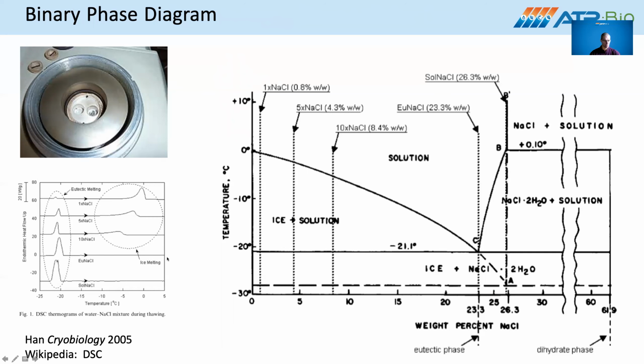And you can get information like this on the left, where you can actually see eutectics, which is a secondary solid phase transition, down at about minus 21.1. And you have more and more of that eutectic depending on how much concentration of salt you have in your solution to start with.